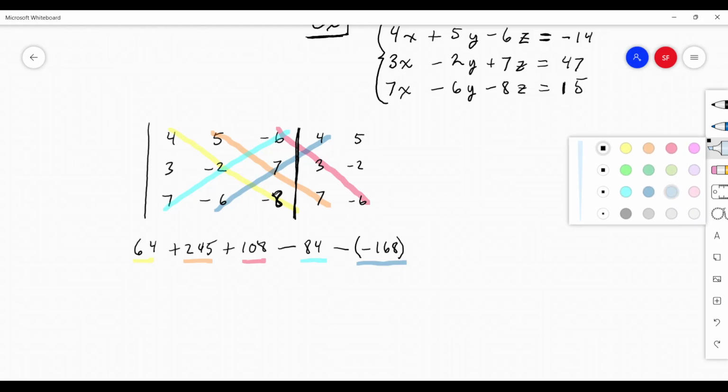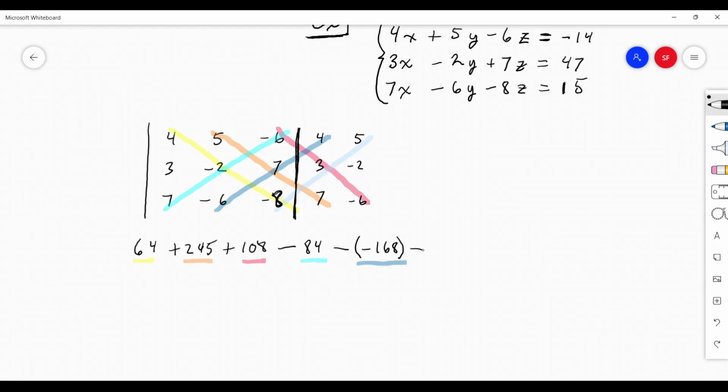The next one's negative 168. Are you sure? So minus negative 120? Negative 120. I'm going to go ahead and check off the ones that can be so I don't forget that later.